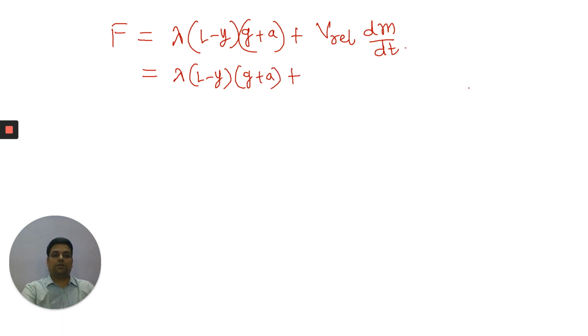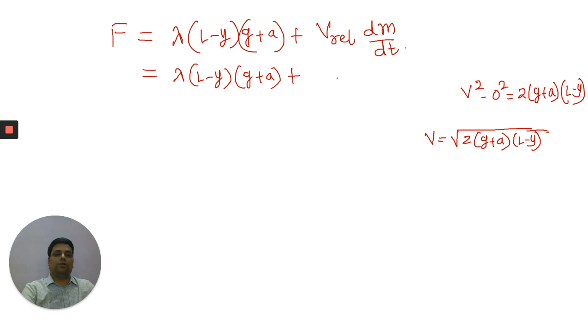V relative, we can get with respect to the platform, as every element has fallen through some L minus y. We would have V squared minus 0 squared equal to 2 times acceleration times distance, if for any element it has now fallen through L minus y, because y is the standing length. So V relative would come out to be the root of 2 (g plus A) into (L minus y).